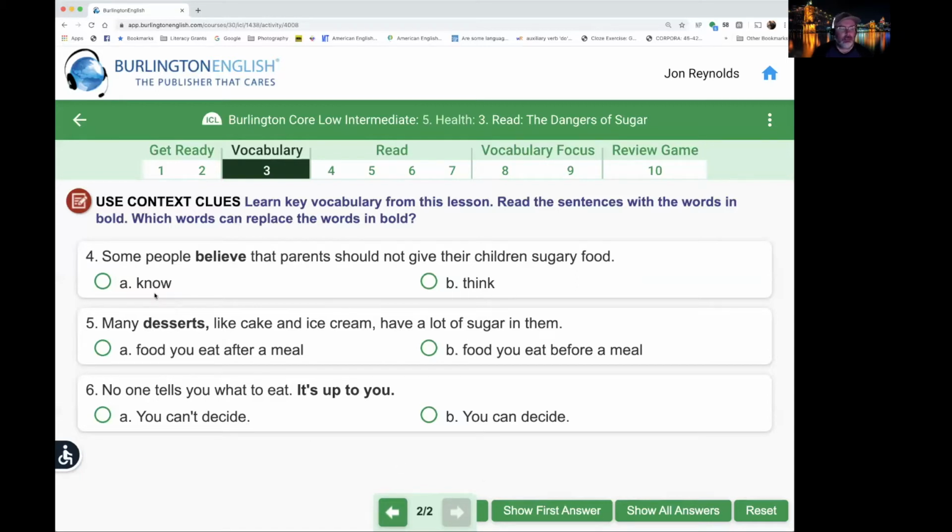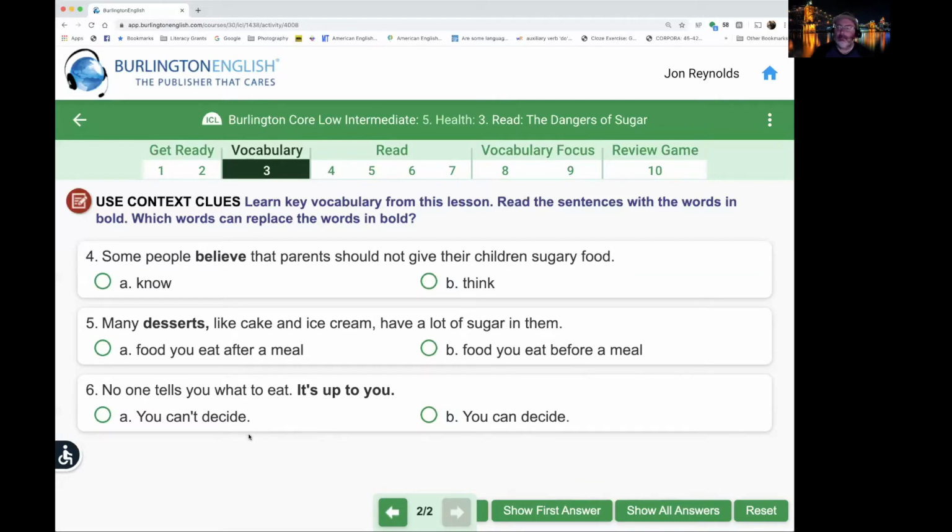Does believe mean no or think? Number 5, many desserts, like cake and ice cream, have a lot of sugar in them. So is a dessert a food you eat after a meal or a food you eat before a meal?